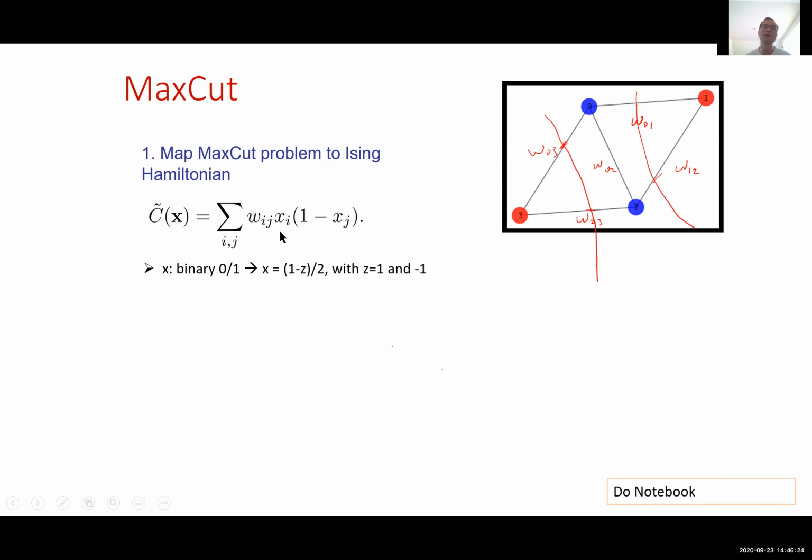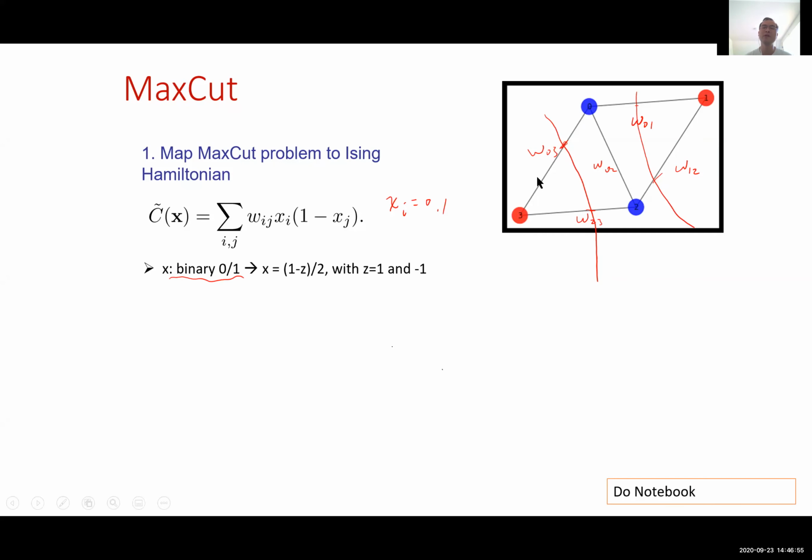So it can be described by this cost function. The x_i and x_j are binary variables, as I indicated here. If you consider neighboring vertices, and if this is 1 and this is 0, that means they belong to different groups.